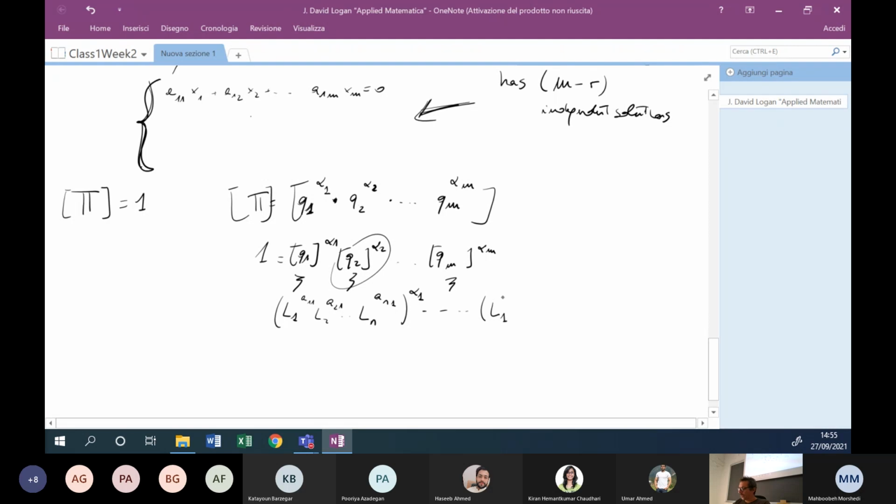So what is here? a1m, Ln to the power anm, to the power alpha m.